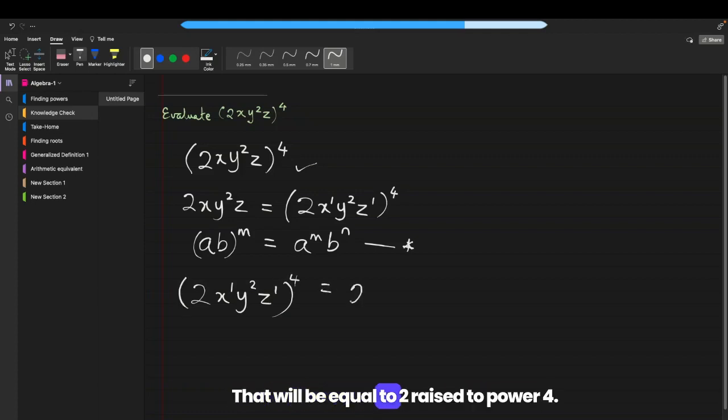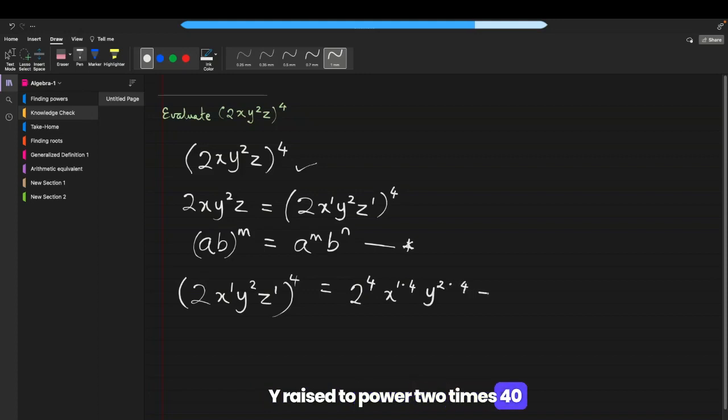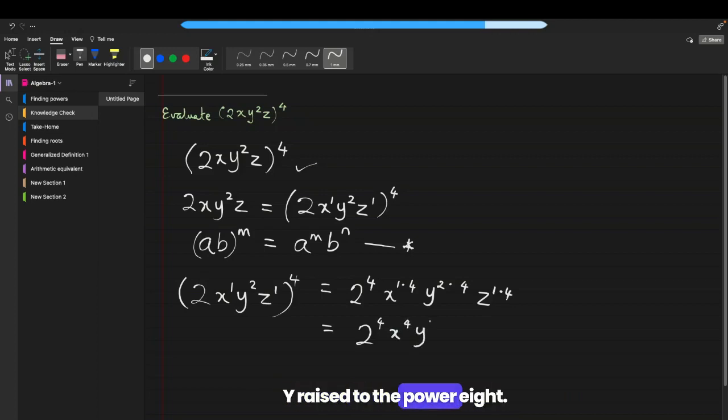That will be equal to 2 raised to power 4, x raised to power 1 times 4, y raised to power 2 times 4, z raised to power 1 times 4. That becomes 2 raised to the power 4, x raised to the power 4, y raised to the power 8, because 2 times 4 is 8, and z raised to the power 4, because 1 times 4 is definitely 4.